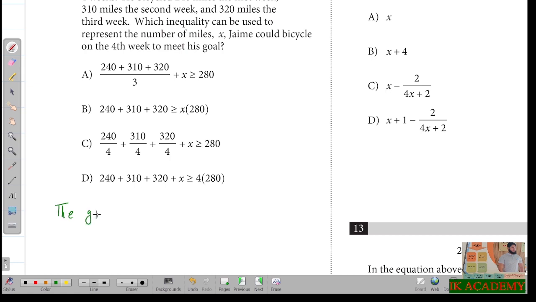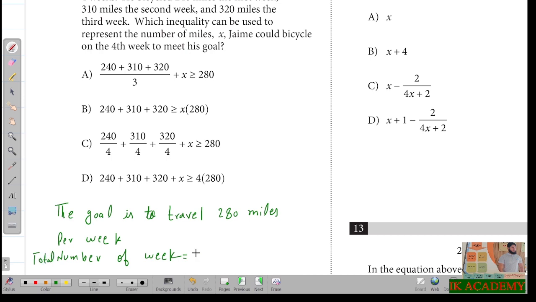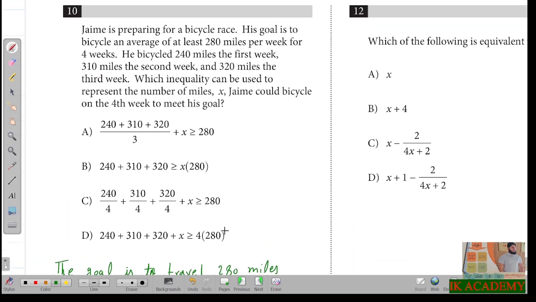The goal is to travel 280 miles per week, and he's going to travel for 4 weeks. The total number of weeks is 4. Okay, let's read further.